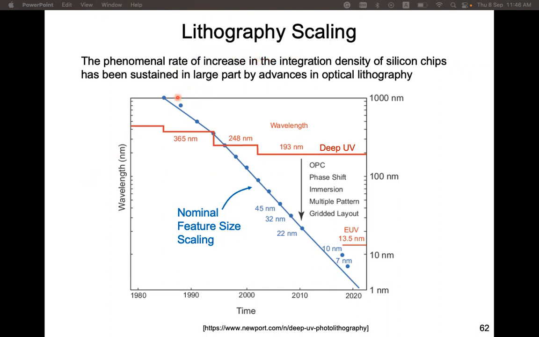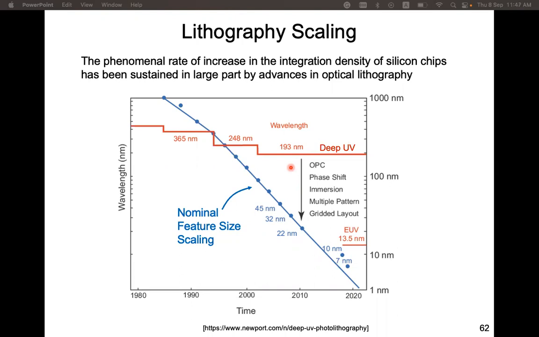For the light source, currently many foundries use a 193 nanometer light source called deep ultraviolet light. I think you have heard of this a lot from the news. And from the previous paper, the resolution is about half the wavelength. So it's around, say, 90 nanometer.